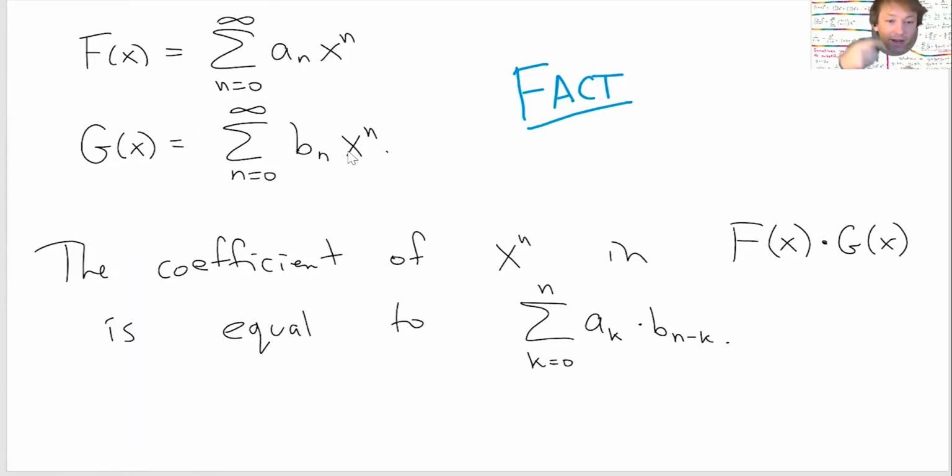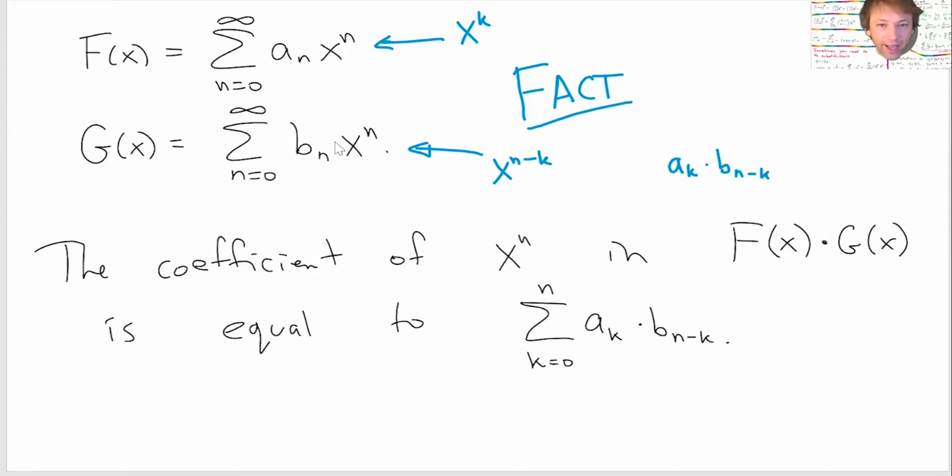And I expand it out. How do I get x to the n? Well, to get x to the n, I have to get x to the k from here and x to the n minus k from here, for some k. And when you do that, the coefficient you get is a_k times b_(n minus k).